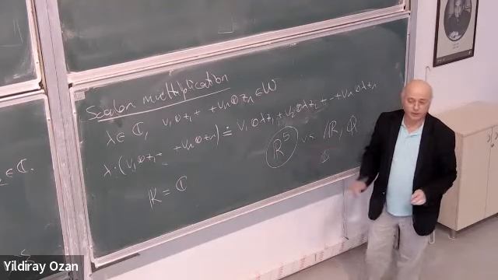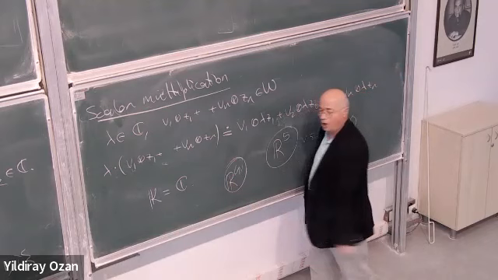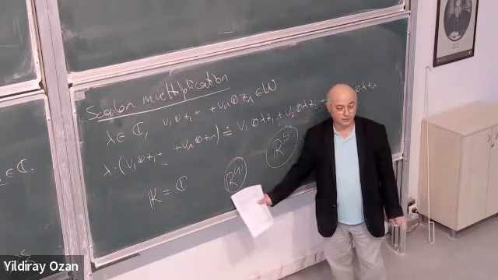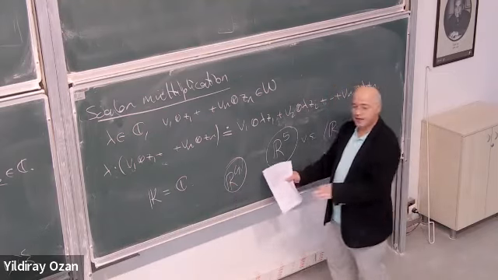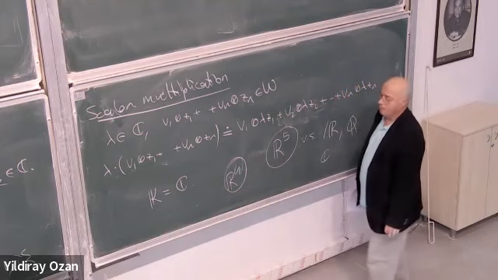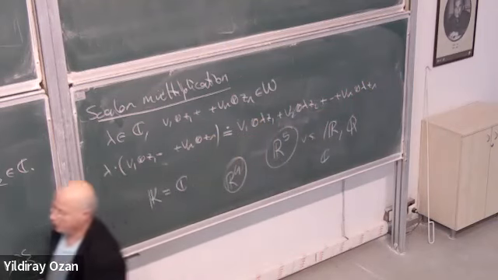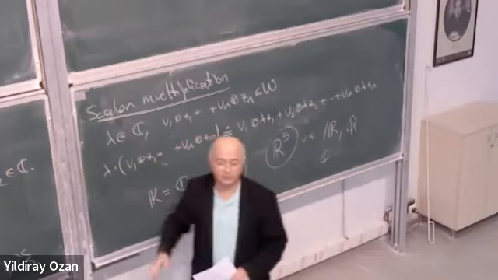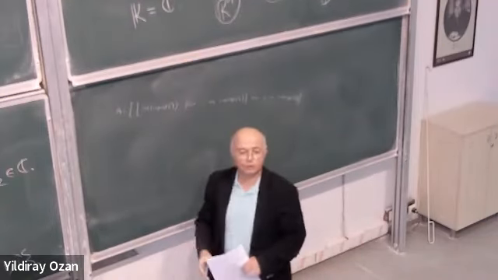For example, for R4, I can define a complex vector space structure, but it is not straightforward. But this tensor product is a very easy way of converting a real vector space to a complex vector space. Okay?